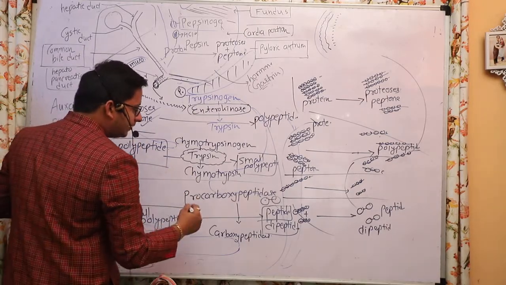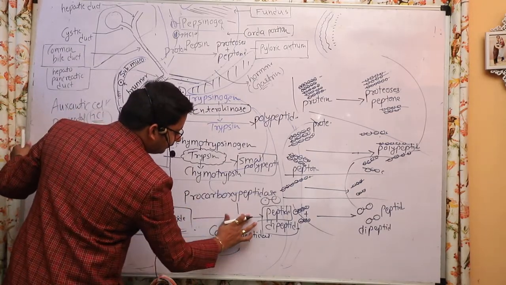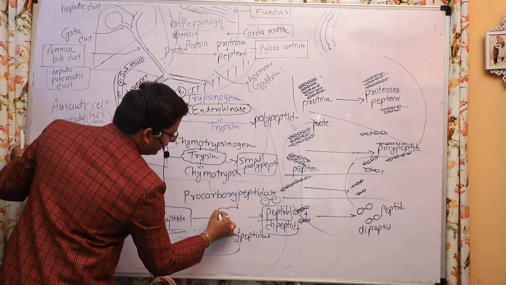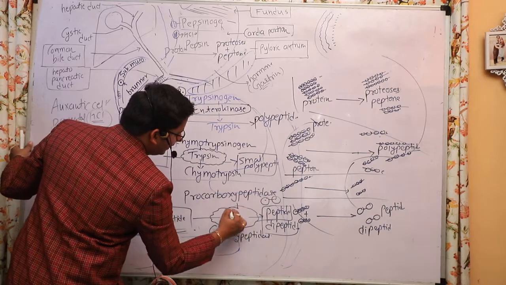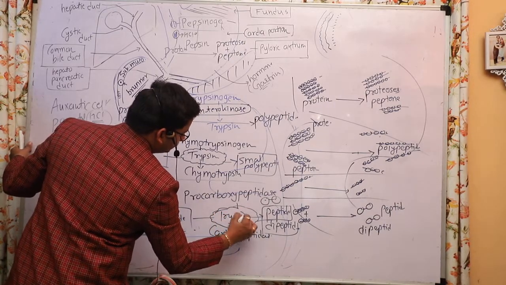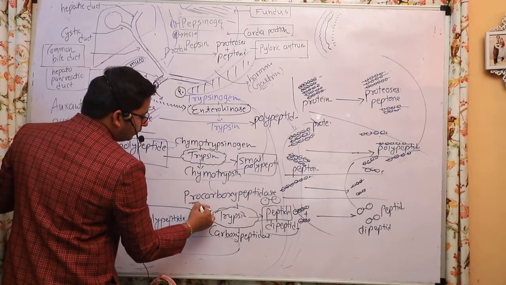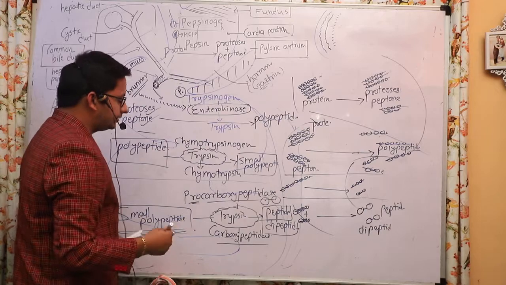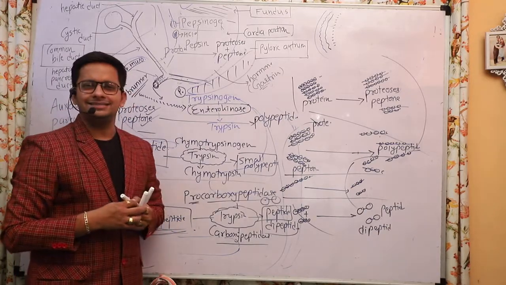So again, in the presence of what? This is the third and last step of trypsin. In the presence of trypsin, procarboxypeptidase converts into carboxypeptidase.